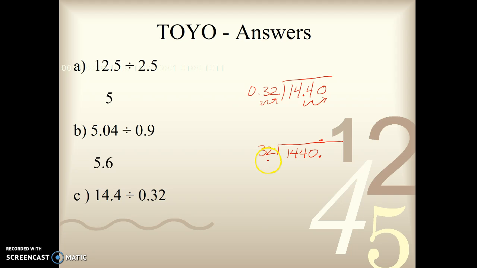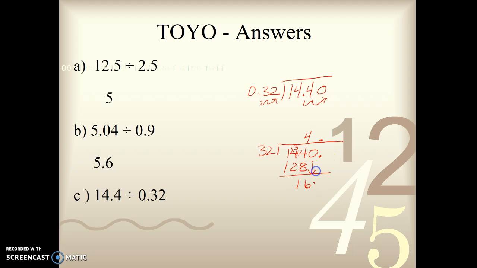Our third step is to bring that decimal place up. So let's see, 32 goes into 14, not at all. So let's go to the next place. So 32 goes into 144 about 4 times. Let's multiply that out. 4 times 2 is 8. And 4 times 3 is 12. Okay, then I subtract.